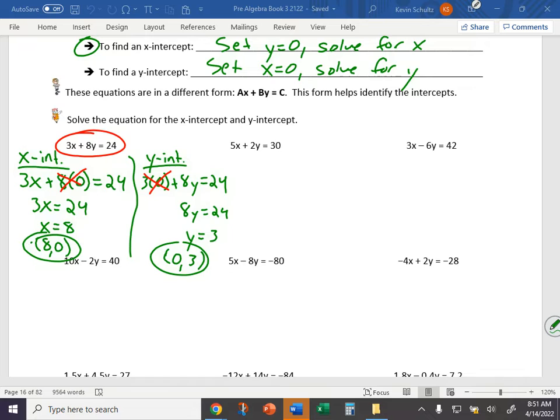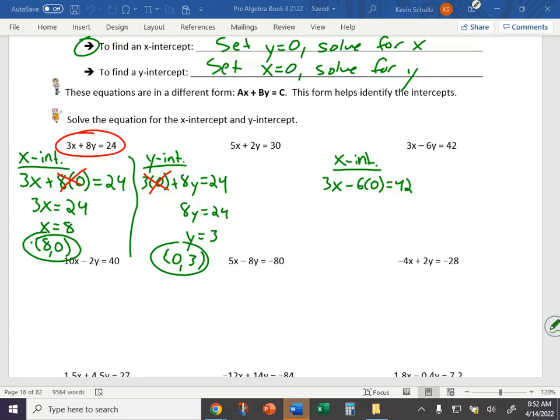I agree with that. Yes. The third one here, 3x minus 6y equals 42. We're going to solve for our x-intercept first, which means we are setting which variable equal to 0? Y. So we can rewrite this to be 3x minus 6 times 0 equals 42.